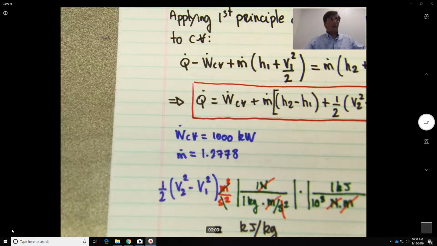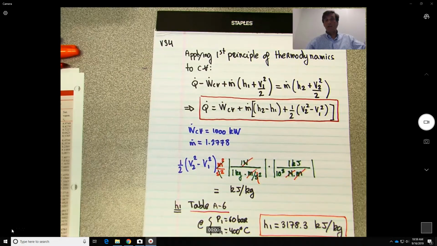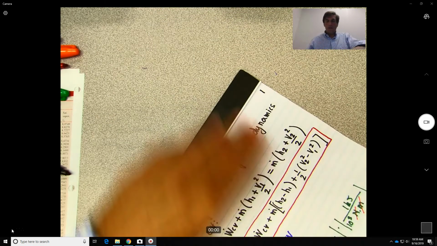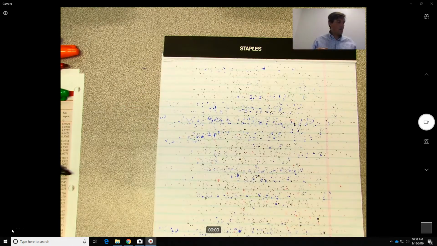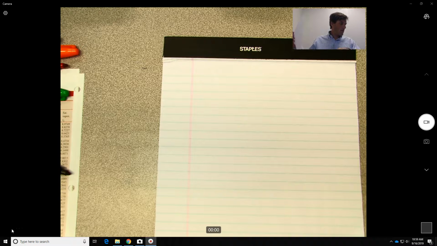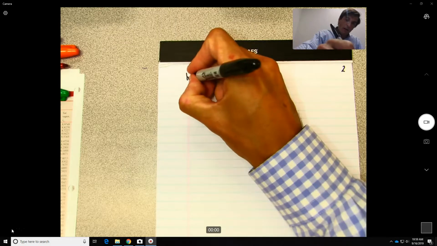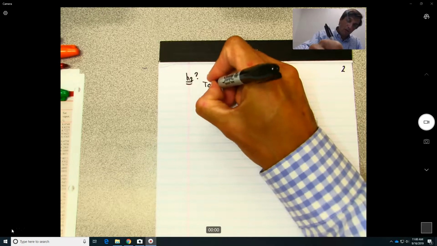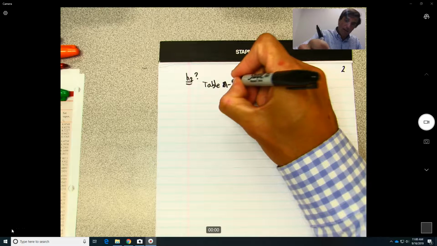But let's first zoom out and let me change the page. Okay, so for H2, we said that we needed to go to table A5.